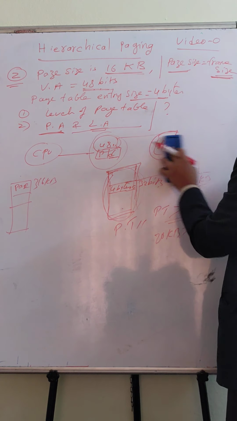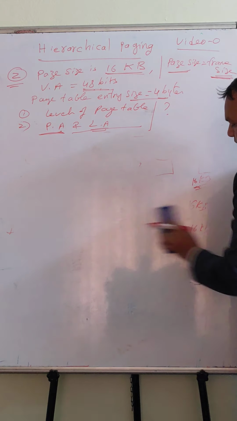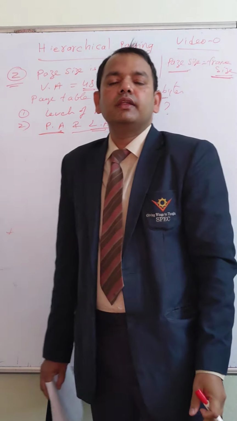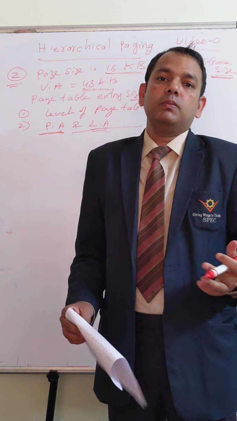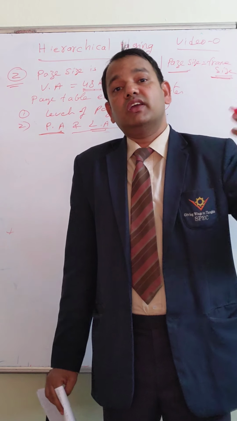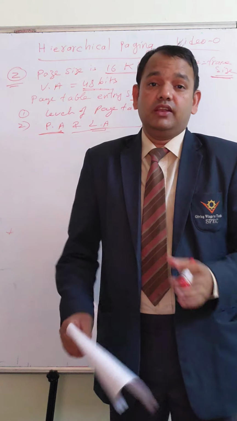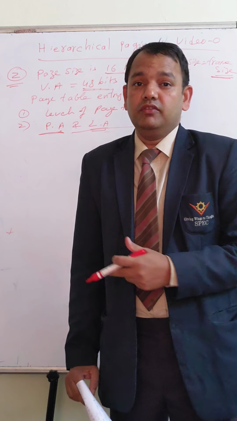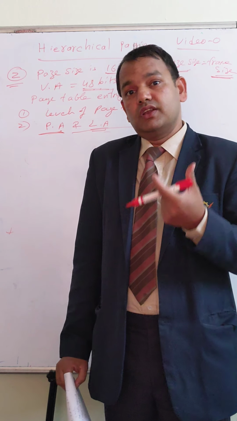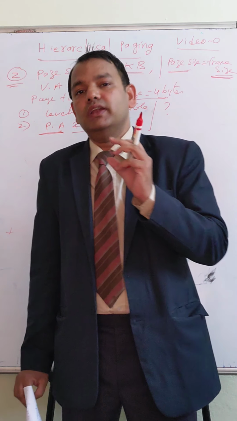Now we will do it by step procedure. We have seen what is given, and pictorially we have seen what problems we need to solve. Using the logical address, we have to find the logical address space along with the physical address. Physical address is not given. We need to find out how many bits the physical address has. If you know the number of bits in the physical address, we can find the physical address space.